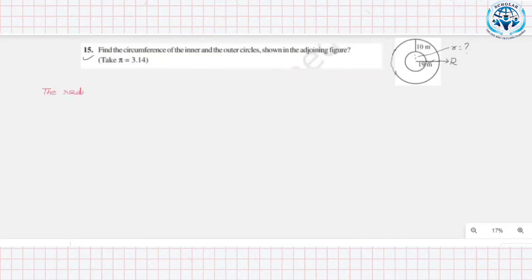So the circumference will be 2 pi R of the outer circle. The radius will be 19 meter.